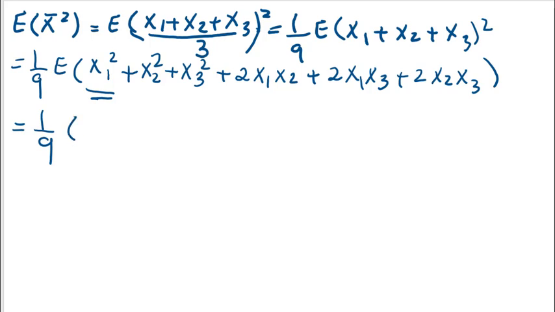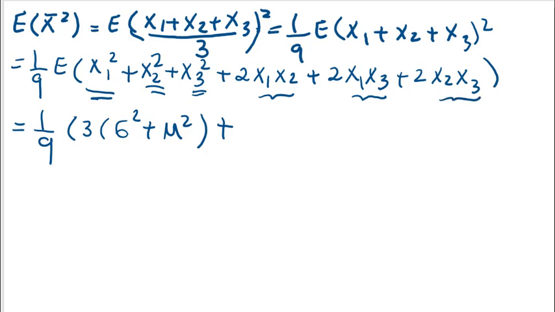So we will have 3 times sigma squared plus mu squared, because expectation of each one of these is sigma squared plus mu squared. Then plus expectation of x1 x2 is mu squared. This is mu squared, this is mu squared. So we have 2 mu squared plus 2 mu squared plus 2 mu squared. So it would be 6 mu squared.